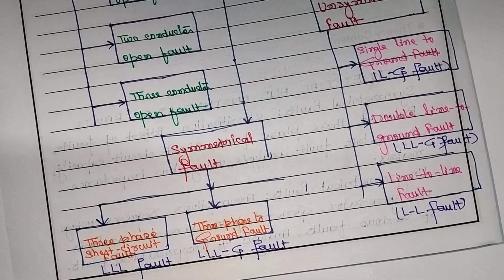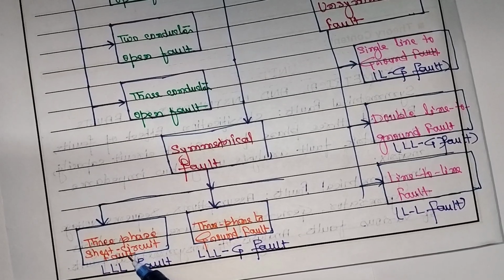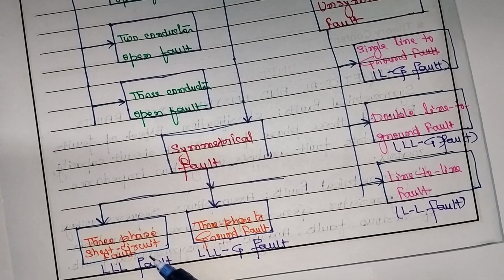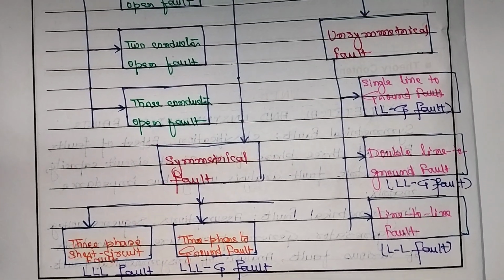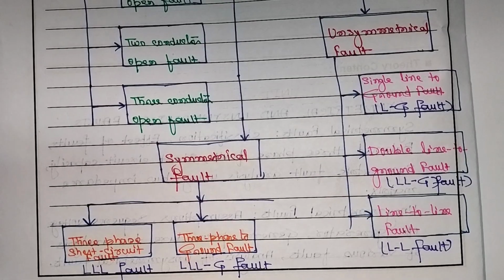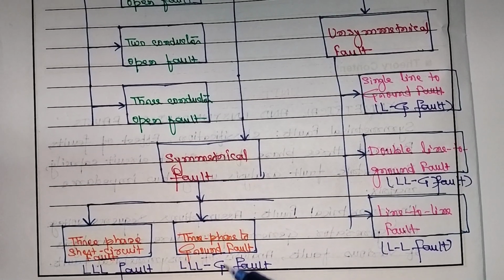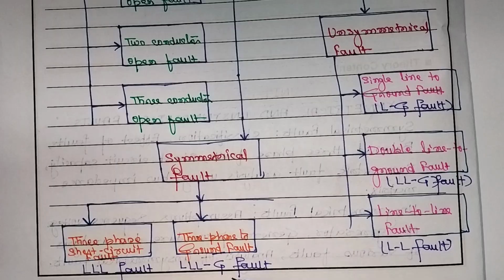In this type of fault, mainly all three phases are shorted together. In the case of the line to line to line to ground fault, also called the three-phase to ground fault, all three phases short to ground.